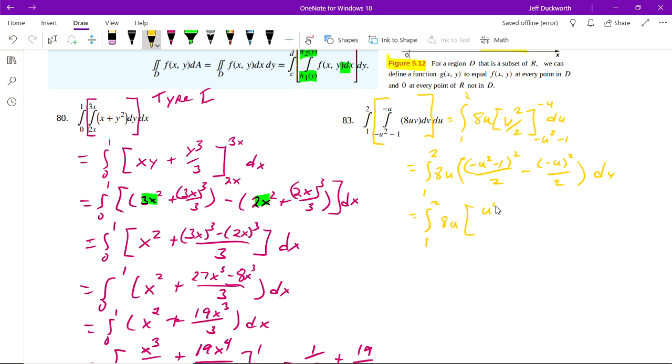So that's going to be u to the 4th plus 2u squared, and then plus 1. Put this whole thing over 2. And then this is just going to be minus u squared. Minus u quantity squared is u squared, and then we're subtracting it.